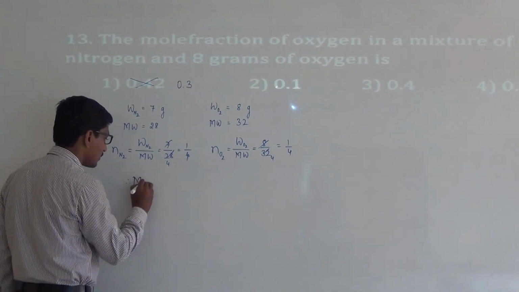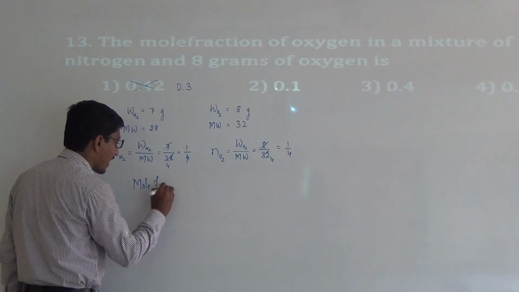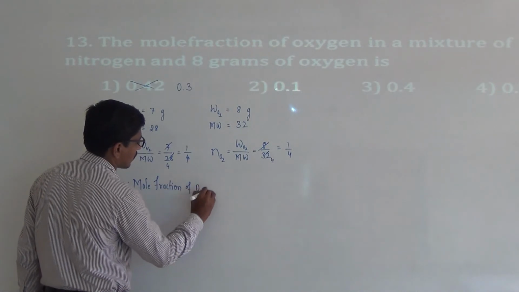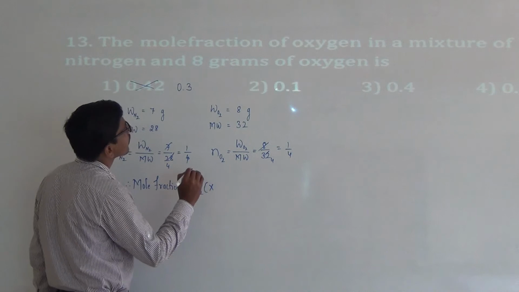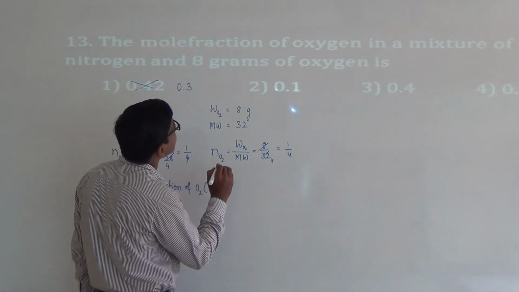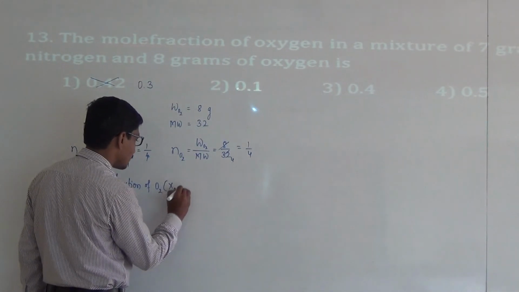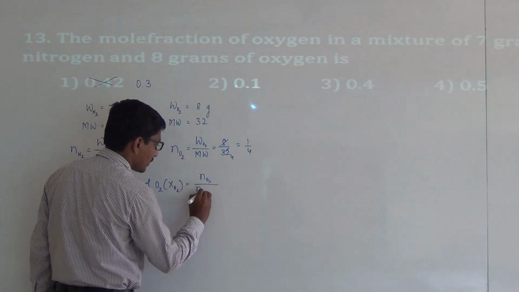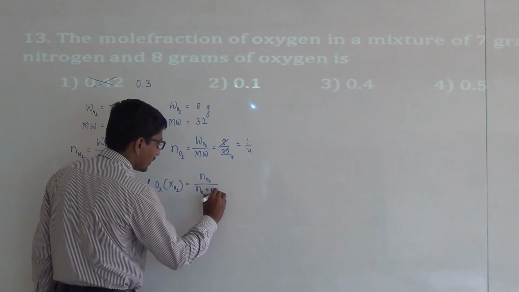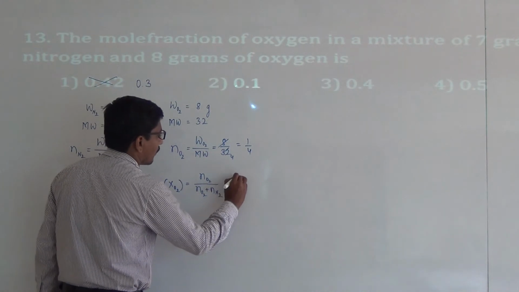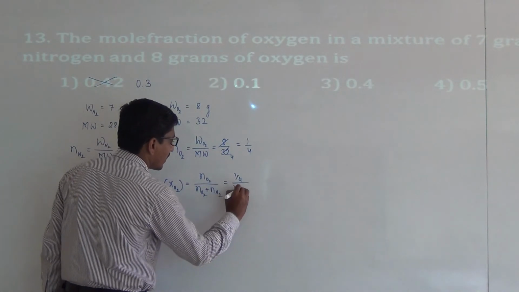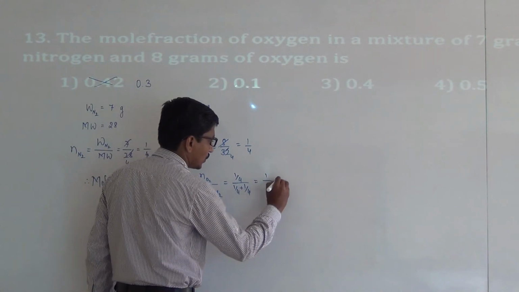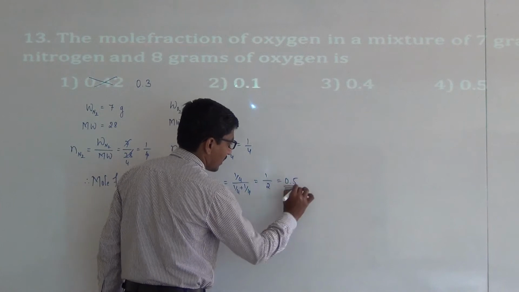Therefore, mole fraction of oxygen XO2 is equal to nO2 by nO2 plus nN2, 1 by 4 divided by 1 by 4 plus 1 by 4, which is 1 by 2, this is 0.5.